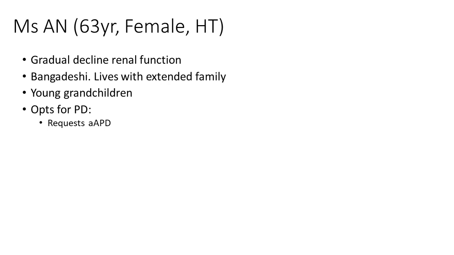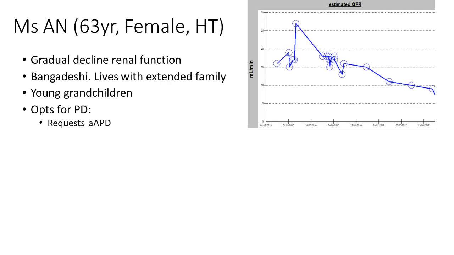So the actual case doesn't matter so much, but the case I've picked today is a lady who's 63 years old, with hypertensive nephrosclerosis. In our low clearance clinic she was seen, has a declining GFR, and it was decided with her that she would prefer a home-based treatment, peritoneal dialysis.